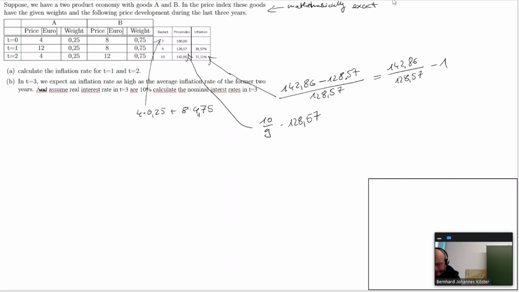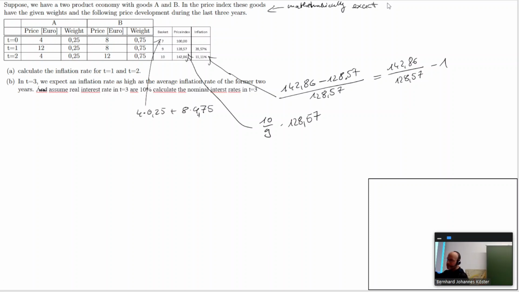And this sentence you will find also in the exam when I pose questions like this. And in this case here, you definitely have to calculate it with the right formulas, because if you take only the approximation and then you would say, okay, it's 28 plus 11 divided by 2, this is the average inflation rate.